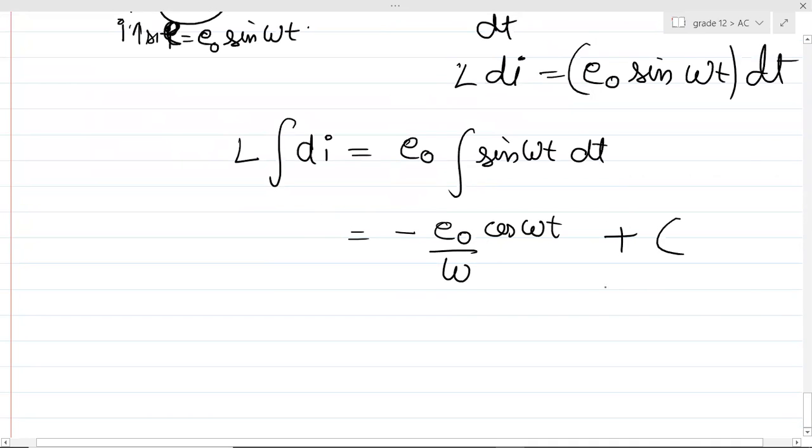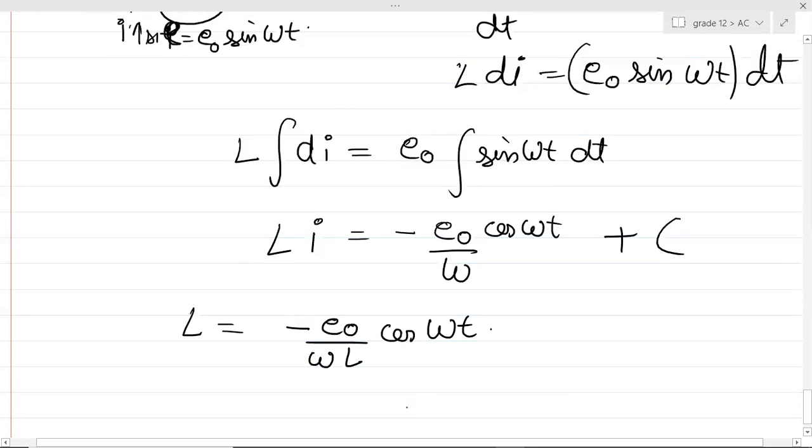In the last, can I write plus c? Since I have not put limits here, can I write plus c? So this L di becomes L into I, and I can move this L to the other side. So I is equal to minus of E naught by omega L cos omega t plus this constant C. Please remember, this will be some other constant.